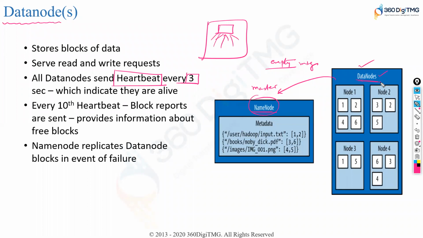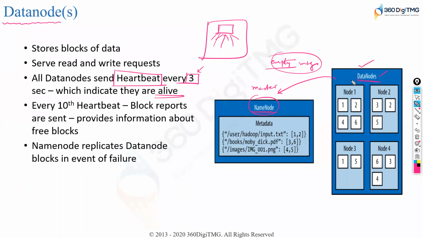It's just like our heartbeat is, right? We have our heartbeat, right? So this heartbeat basically tells us we are alive. Same way, this heartbeat signal that we are talking about, which is an empty message or empty signal, will inform name node that these data nodes are up and running, alive.